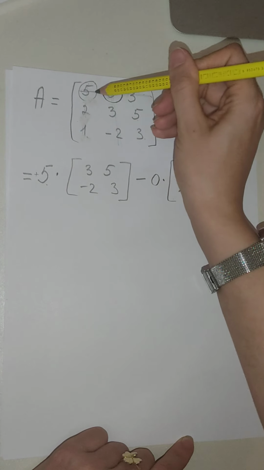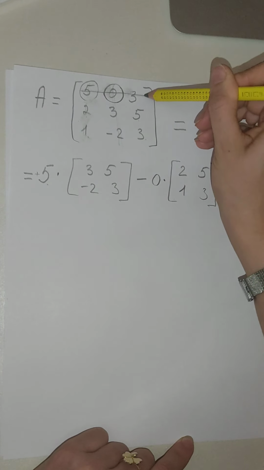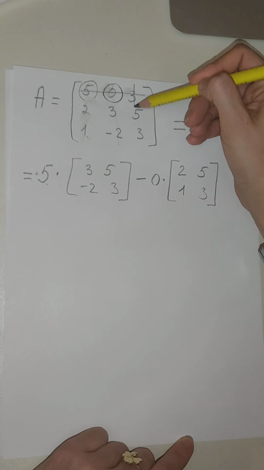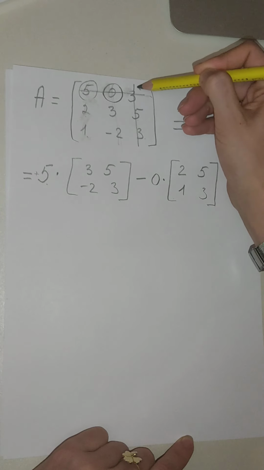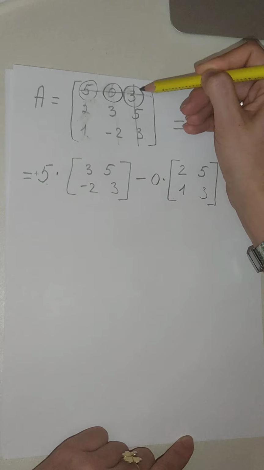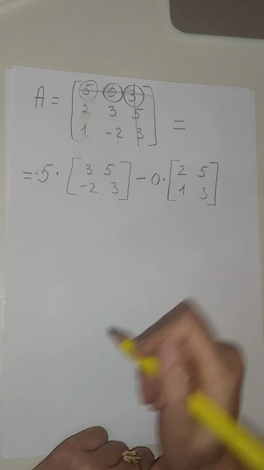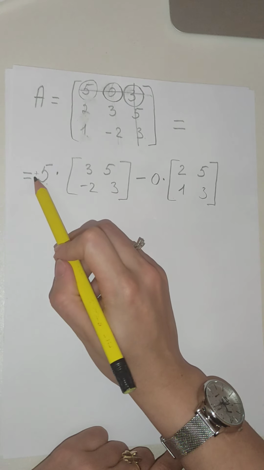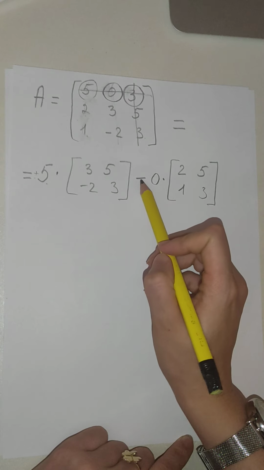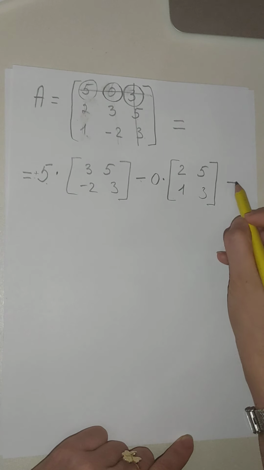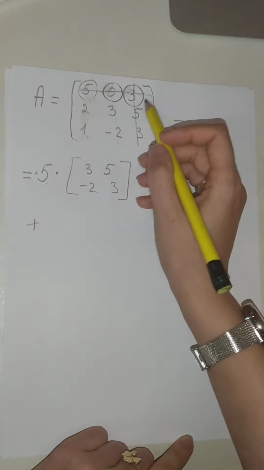Let's remove the first row and third column, and the leading element of this intersection is 3. The first sign is positive, second is negative, and third one should be positive.